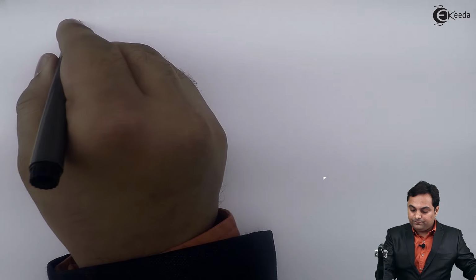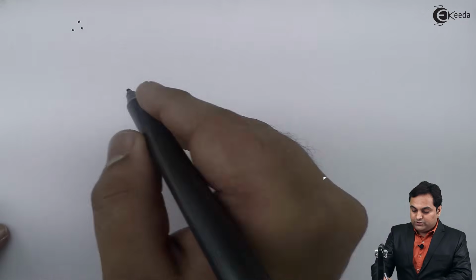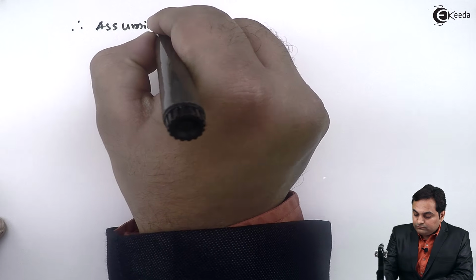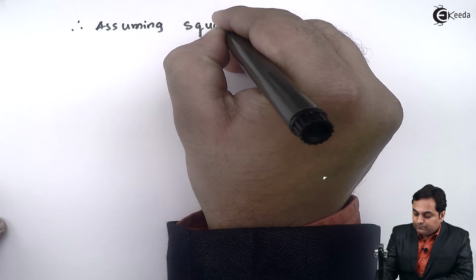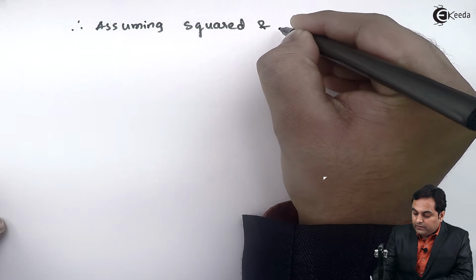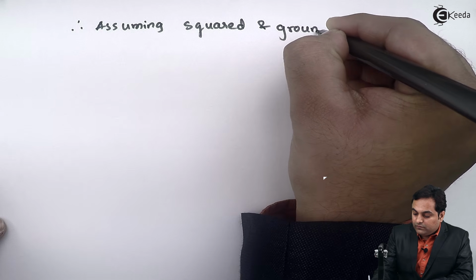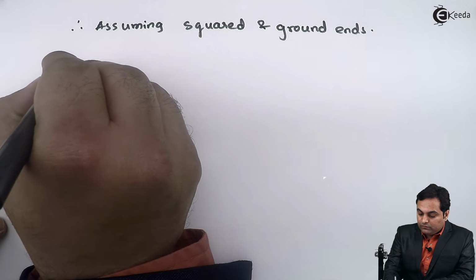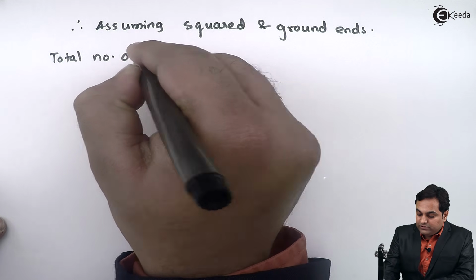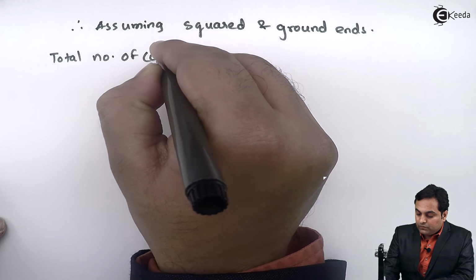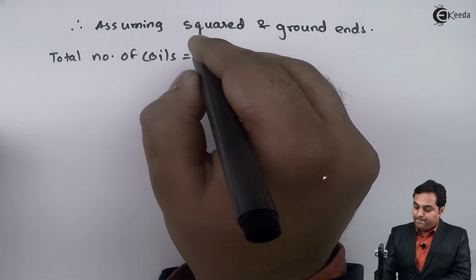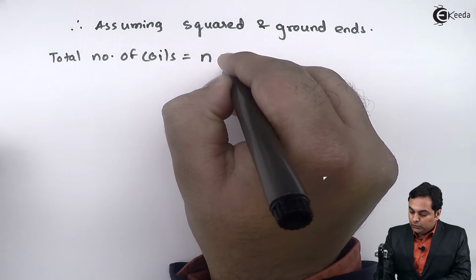Therefore, I'll write down, assuming squared and ground ends, total number of coils will be equal to number of active coils, which is N, plus 2.